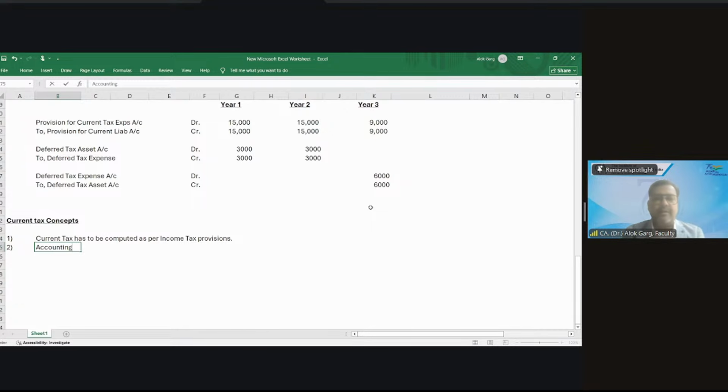The accounting entry of current tax will be: provision for current tax expense account debit, or simply you can write current tax expense also, to provision for current tax liability. Right. Okay.